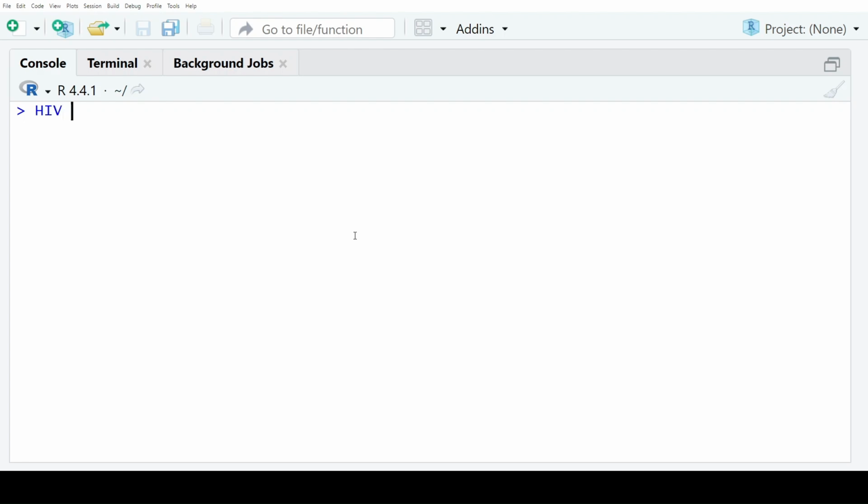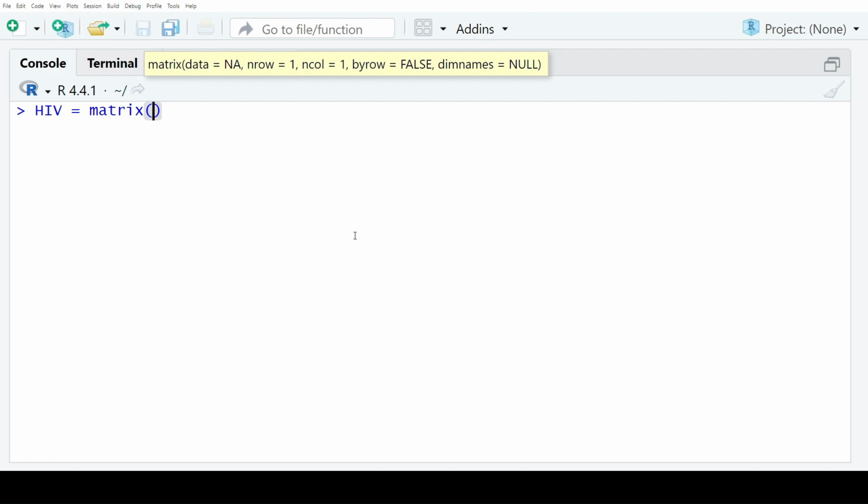So I'll go HIV equals matrix, c of 60.27, 26.6, 86.73, 113.4, and nrow equals 2, and ncol equals 2. And byrow, because I went left to right, will also equal TRUE.